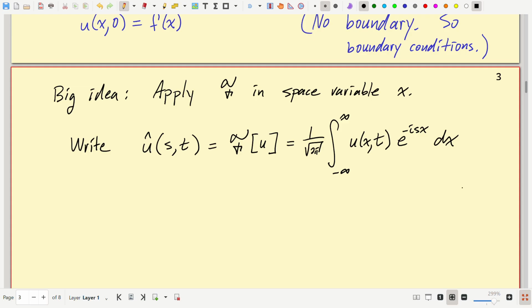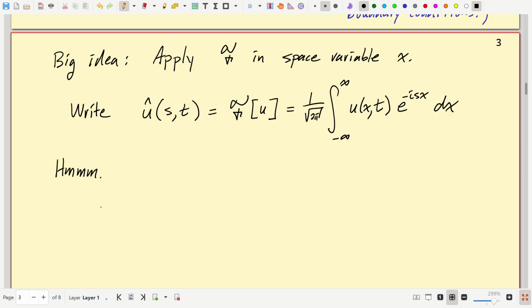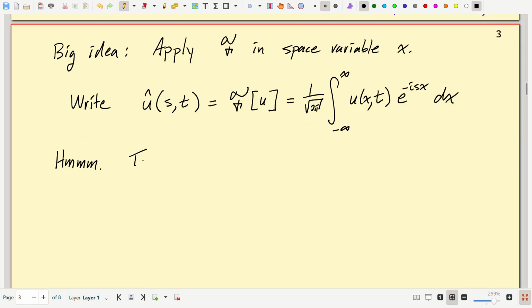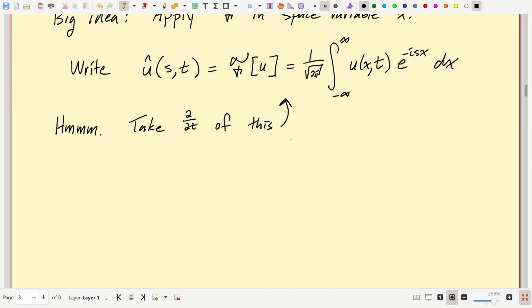And now you think about what this is going to do, how am I going to use the PDE? So you look at that PDE for a second, and think about if I took d by dt of this thing, I would get d u hat of s, t dt, and presumably I could take the derivative underneath the integral sign.